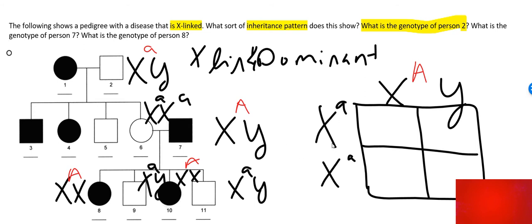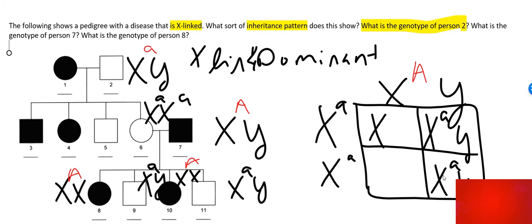So we actually do know mom's genotype right up front. For these boys, we know that the boys only have one option for their X chromosome from mom, so they are going to be XA, XA. That lines up with what we're seeing here.